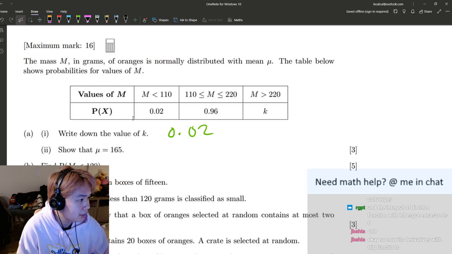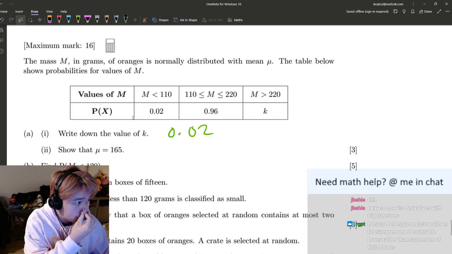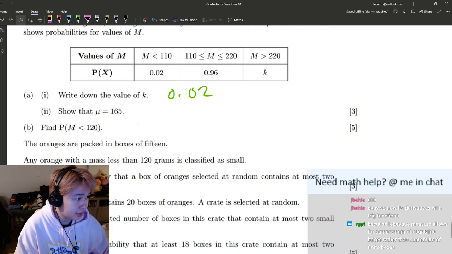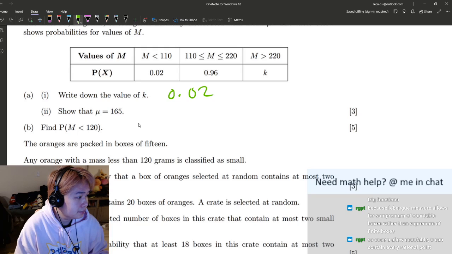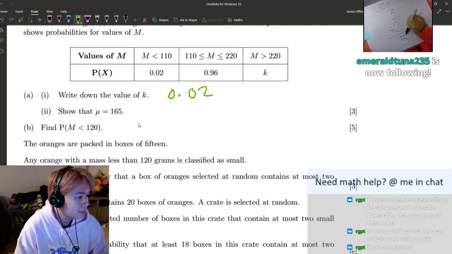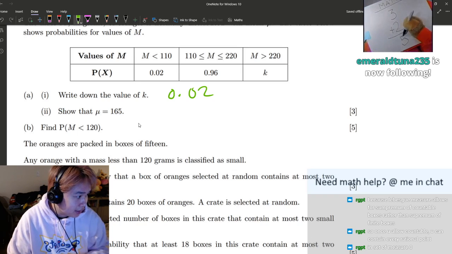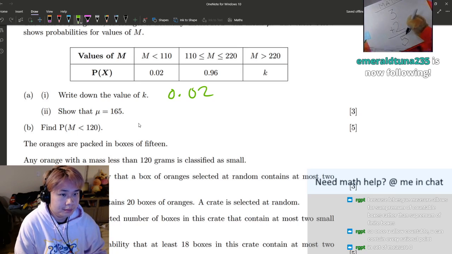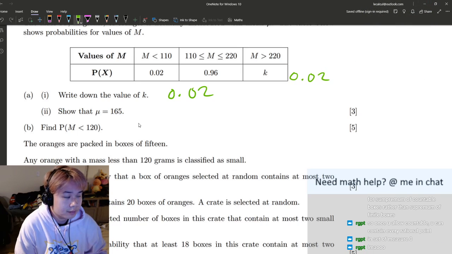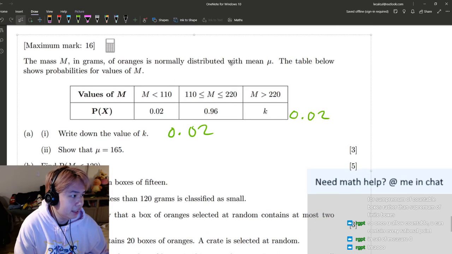Okay, now it's derivatives with trig functions. Notice our table is symmetric, and this is a normal distribution.